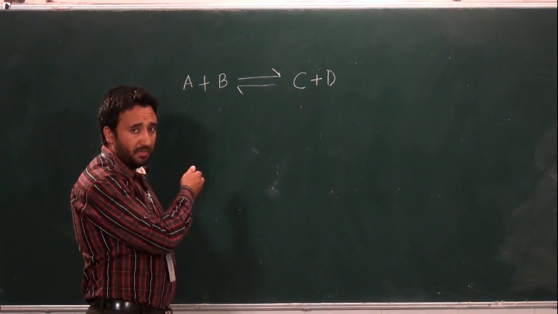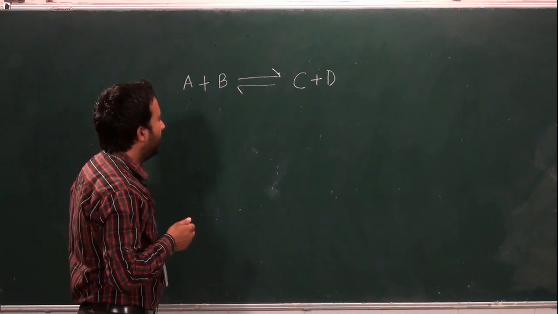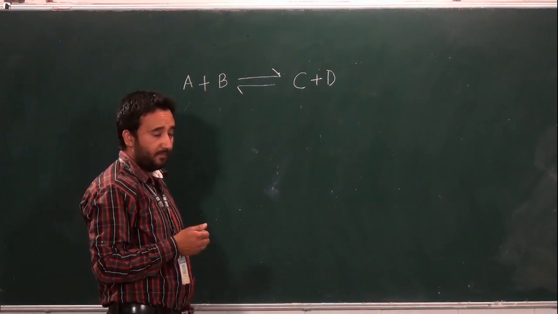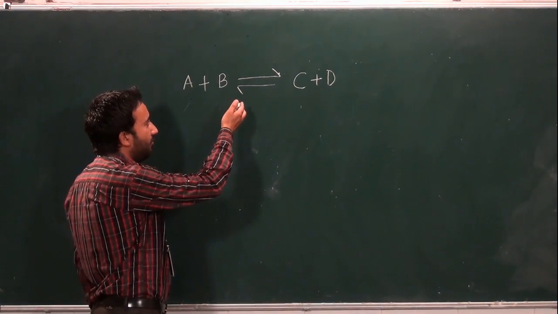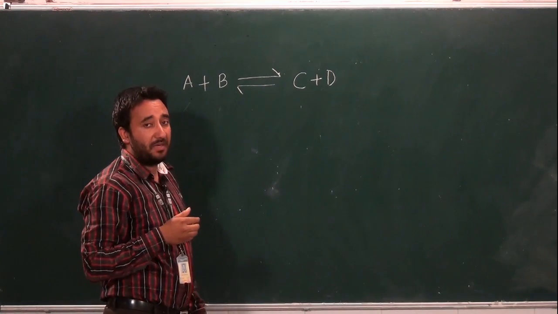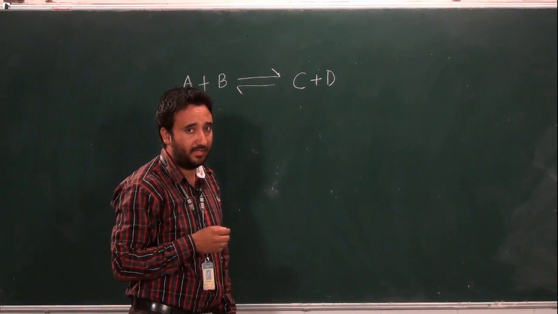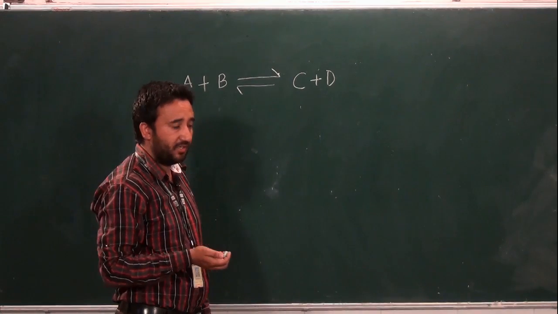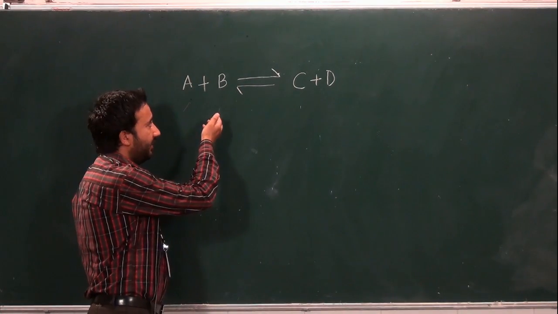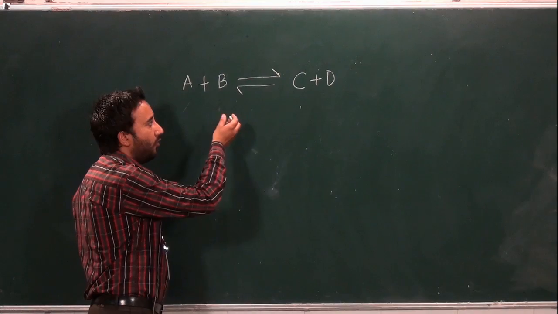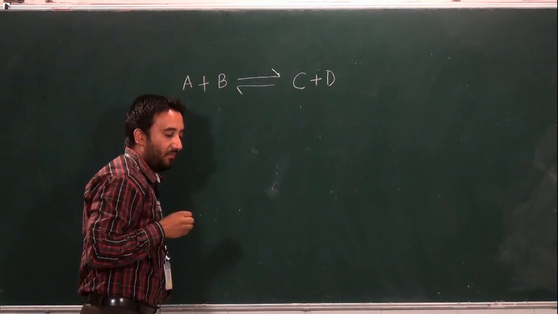In the case of a reversible reaction, as I have already discussed, we have two processes taking place simultaneously. Initially, in the beginning of the reaction, A plus B are combining and forming C and D.